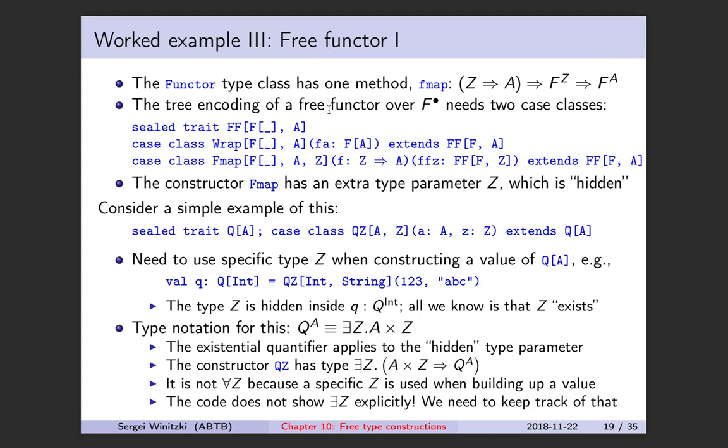So we don't just have a free semigroup. We have a free semigroup generated by type Z. So we don't have a free functor. We have a free functor generated by a type constructor f. We need to start with some type constructor, which doesn't have to be a functor. It can be, but it doesn't have to be. So I call this free functor over f.